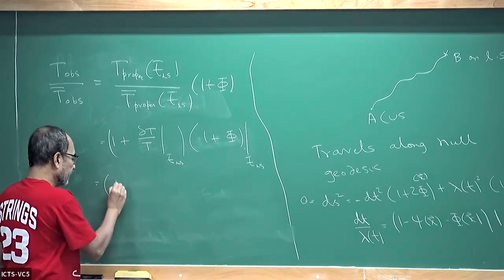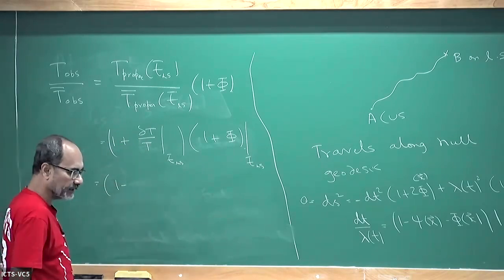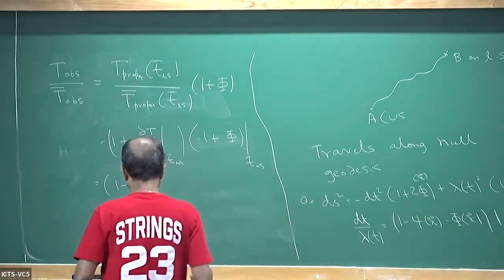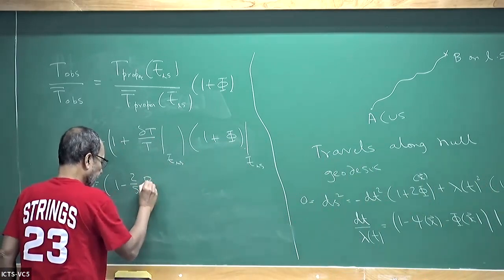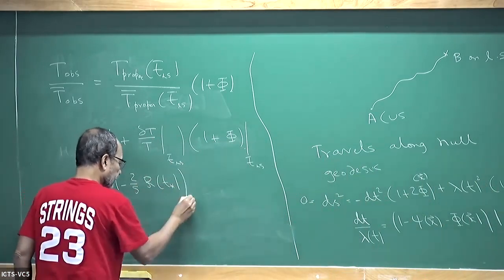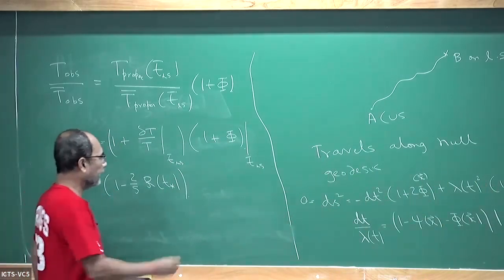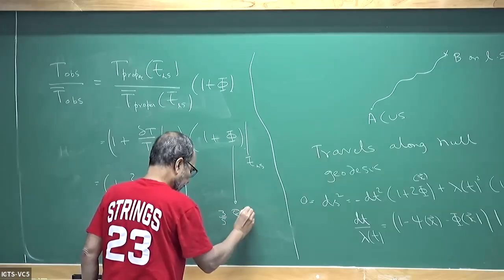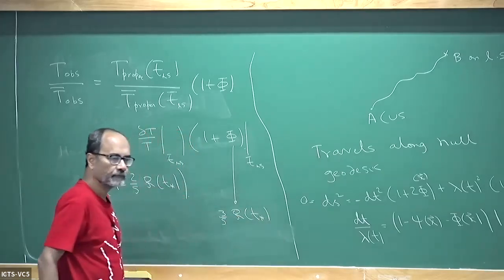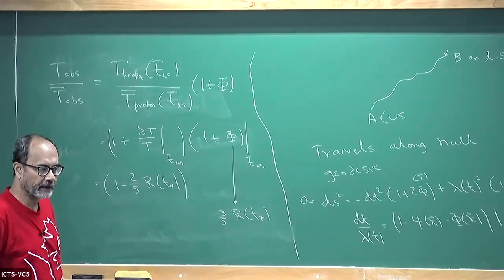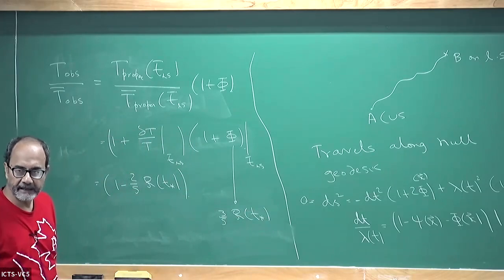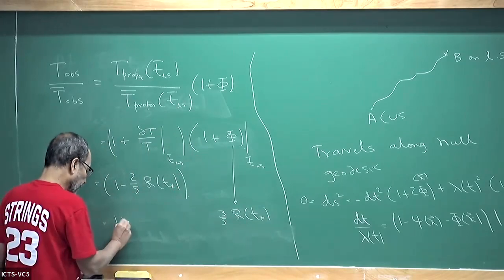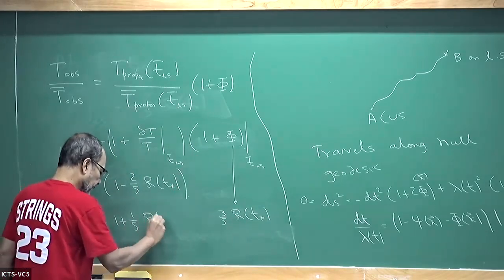So this one, if you remember, I wrote down the formula. It was 1 minus 2/5 R at T star. And phi at T LS we had also calculated. This was 3/5 R of T star. These are all in the matter dominated era. So we get this to be 1 plus 1/5 R of T star.